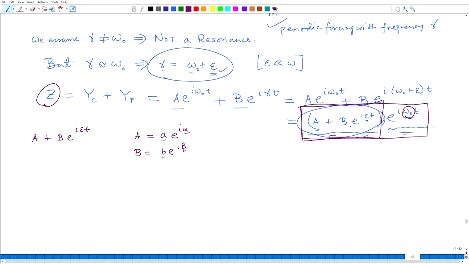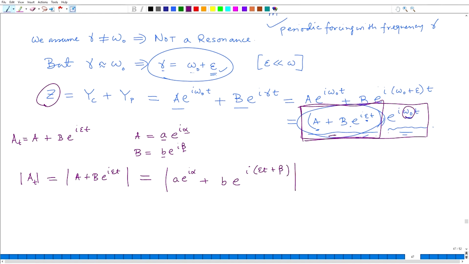Okay. So, if you now want to understand the modulus, sorry, the modulus of A total, which is A plus B e to the power I epsilon t, it will be simply this one, A plus B e to the power I epsilon t, and which you can write like this, A e to the power I alpha plus B e to the power I epsilon t plus beta.